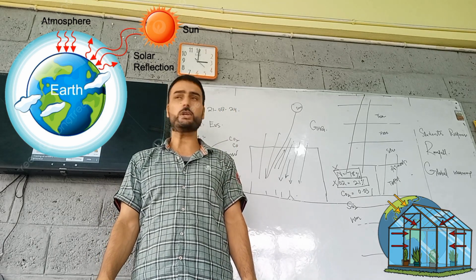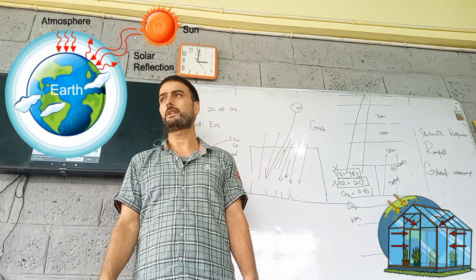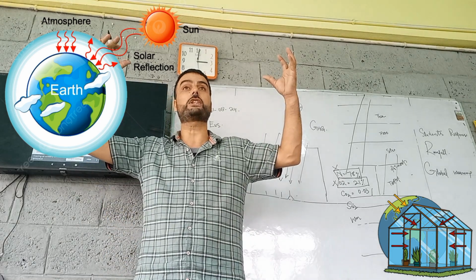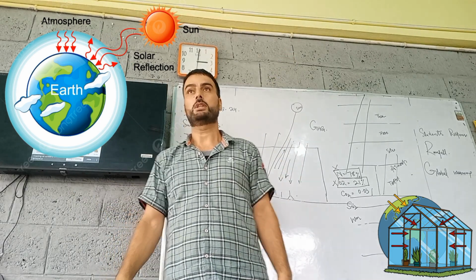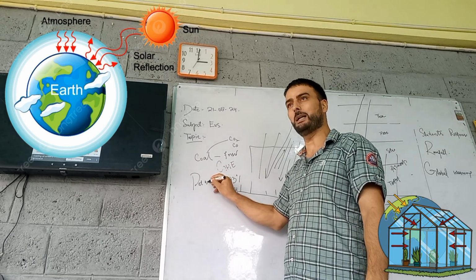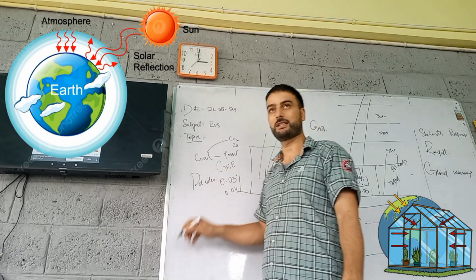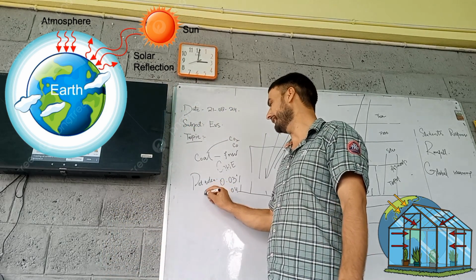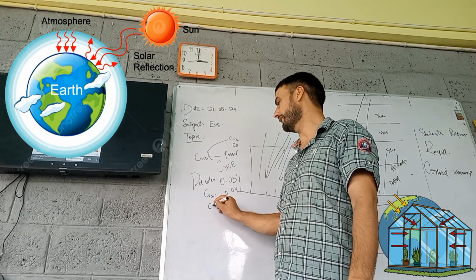This carbon dioxide, my dears, increases the average temperature of our atmosphere. One more thing is, when we use petroleum in the form of diesel or petrol in our vehicles, vehicles also release smoke. That smoke is also, my dears, carbon dioxide and carbon monoxide.